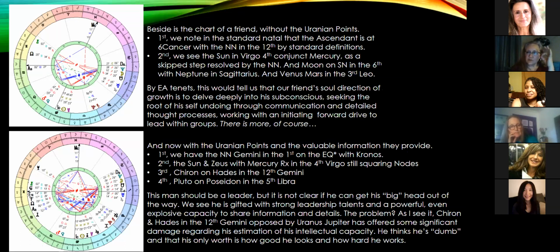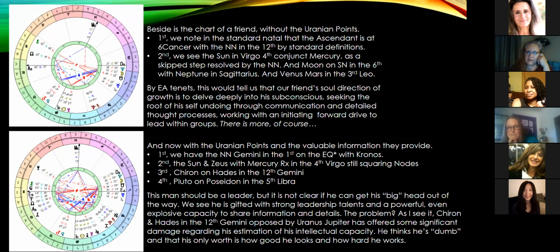This speaks of true leadership capabilities. This person is supposed to be an authority on something. Put that Sun, Zeus, Mercury in Virgo, and that would be details and looking toward health and dealing with all kinds of things, Virgo. I don't want to spend too much time on it, but it's obvious, right?